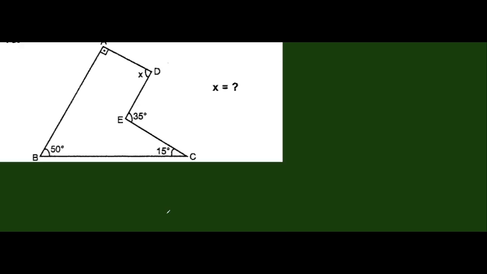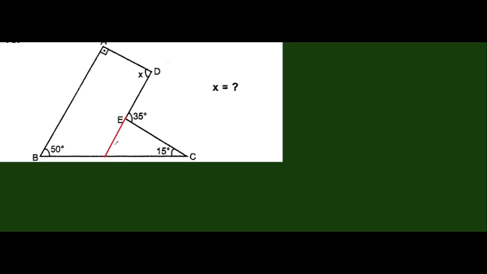So the next question is this one. So again, we have to intersect all the lines. Not all, but it is enough to intersect this line, to draw this line. So in practice, you'll learn how many lines you have to draw. First, you will draw one line, and if you need the second, you will draw.